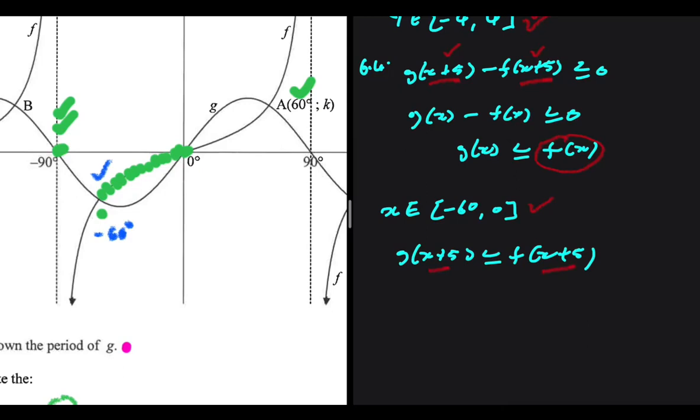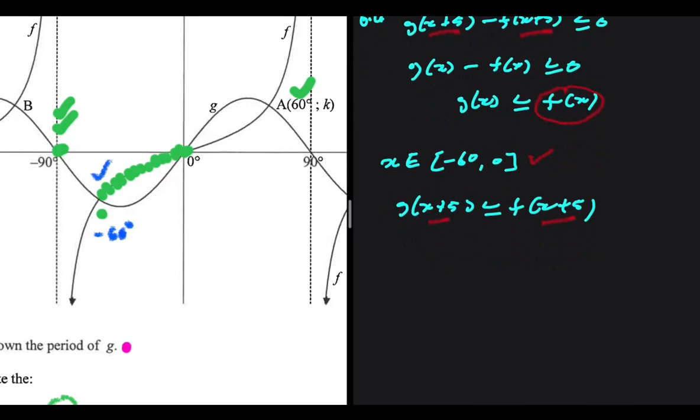It shifts the function to the left. If it was minus, it would be shifting it to the right. So if you are at minus 60 and you shift 5 units to the left, then you will be at minus 65 degrees. And if you're at 0 and you shift 5 units to the left, that is minus 5 degrees. And this is the solution we are looking for. Right, this is just helping us get there.